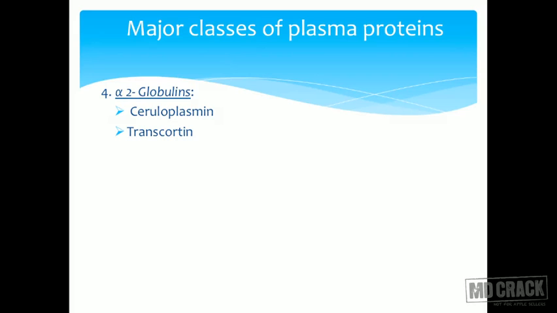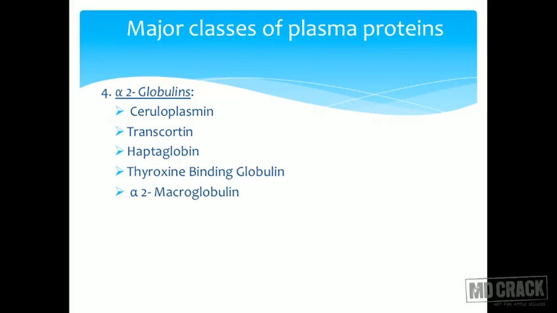H stands for haptoglobulin. T stands for transcortin, and one more is thyroxine binding globulin. So ceruloplasmin, transcortin, haptoglobulin and thyroxine binding globulin. These are the main 5 proteins that are present in the alpha 2 fraction. Again, this is important just as a recall based fact in an MCQ. So these are the proteins present in alpha 2.